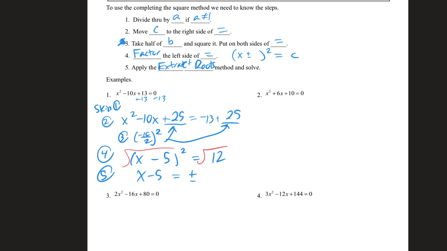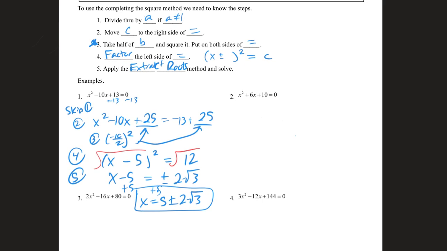Square root of 12, I could take 4 times 3, so I can take a 2 out. So 2 square roots of 3. And again, if you need to do that simplifying or radical work, do it off to the side on a scratch sheet of paper, something like that. All right? And then you would solve for x by just adding that 5. So I get x equals 5 plus or minus 2 square roots of 3.